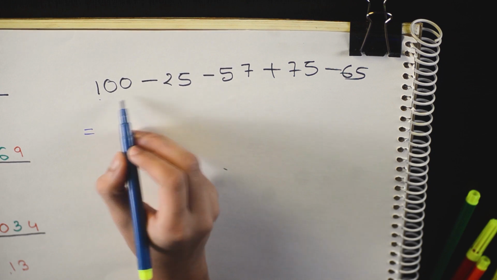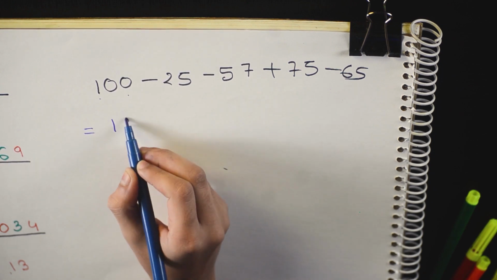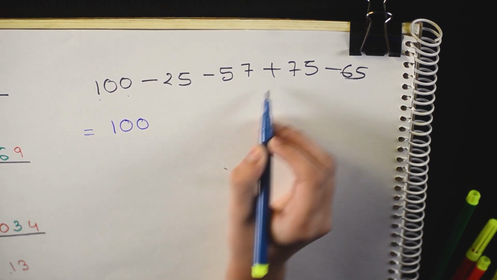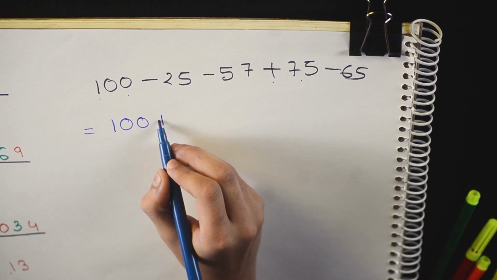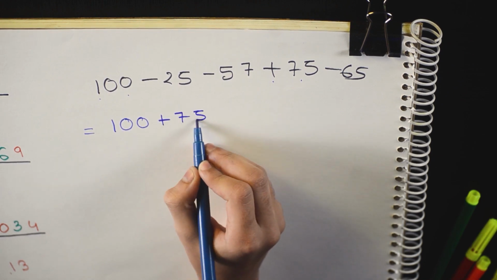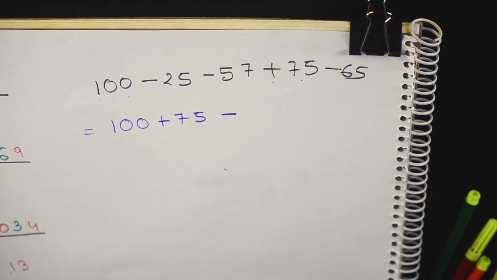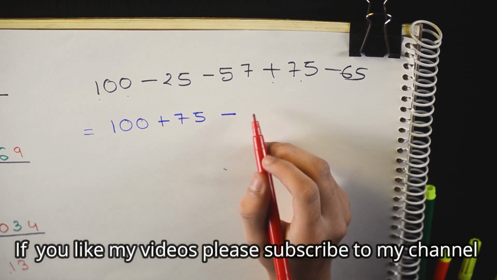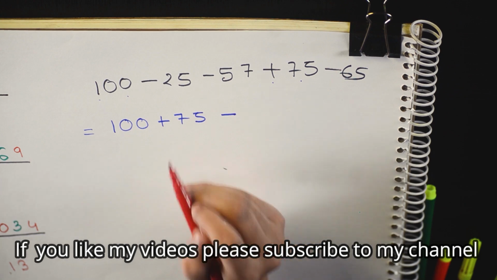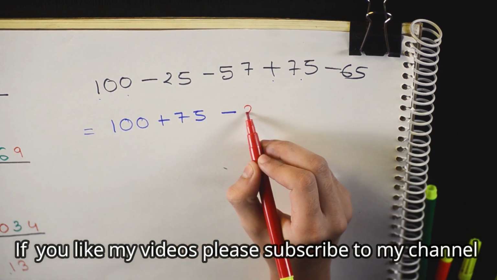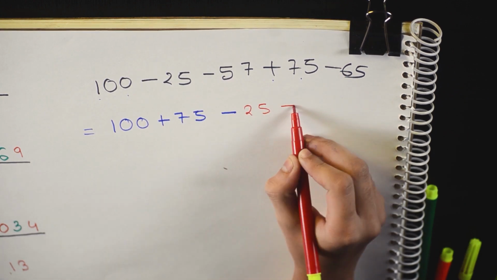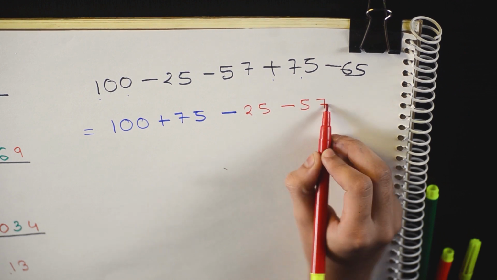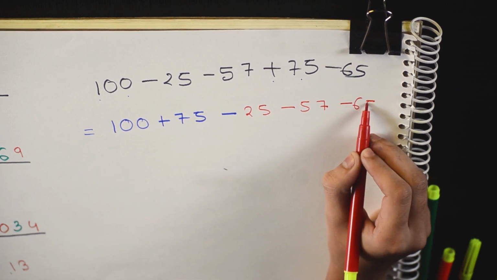How? 100, first 100, then plus 75. Then minus, we are going to write all the negative integers. So already I have given minus, so now 25 minus 57 minus 65.